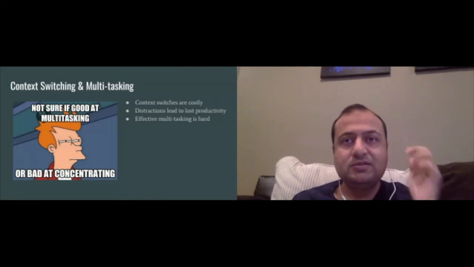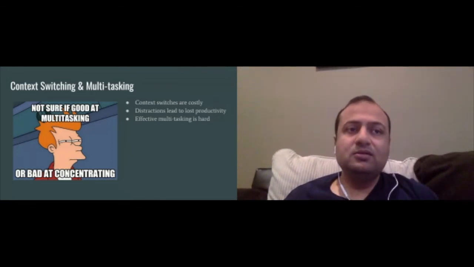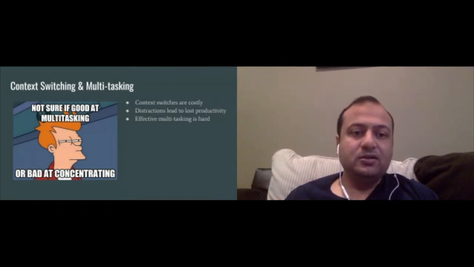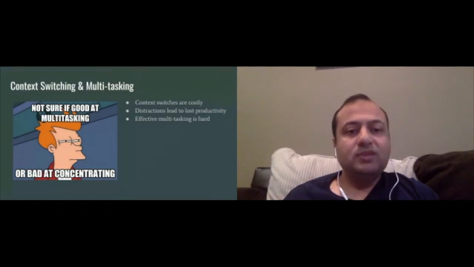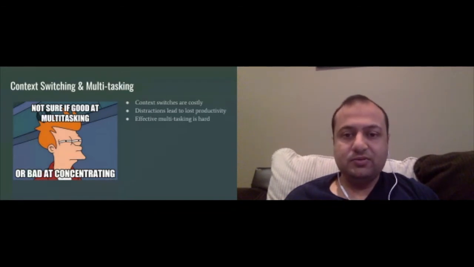So for instance, as an IC, try to keep your ICs working on one project at a time, or two at max if there are dependencies in which a person would be free for a while waiting on something. But try to keep multitasking to a bare minimum.